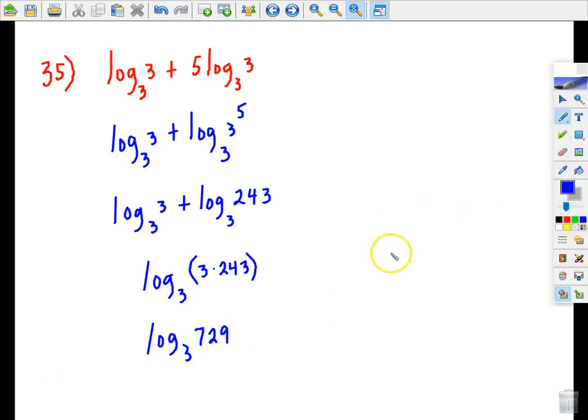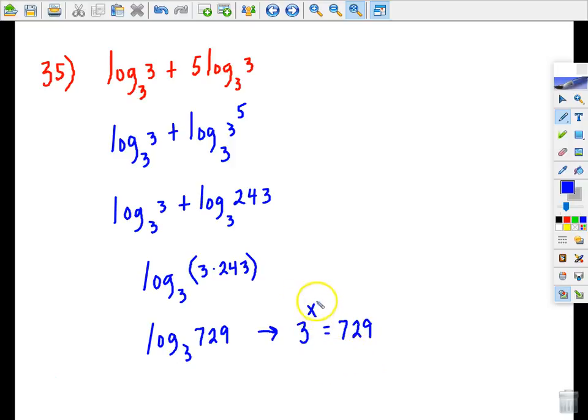Okay. Now, what we're trying to do now is evaluate, and now it goes back to yesterday's lesson. Now that we're down to a single log, let's think about what this is in exponent form. Remember, evaluating a logarithm essentially means what is the required exponent. In this case, to take 3 as our base, raise it to some power in order to get 729.